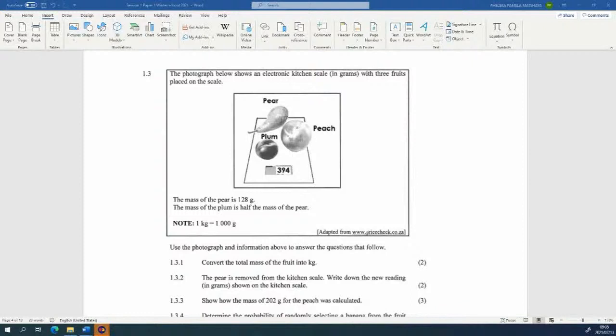Quite simplistic. The photograph below shows an electronic kitchen scale in grams with 3 fruits placed on the scale. There's your 3 fruits. You have your pear, your peach, and your plum. And then you see there's a value of 394. That is obviously the weight of all 3 fruits combined.